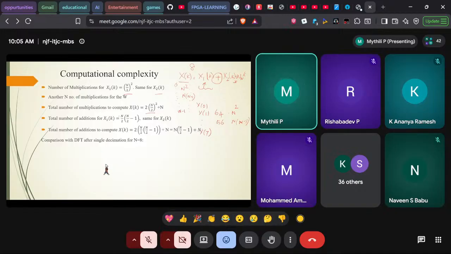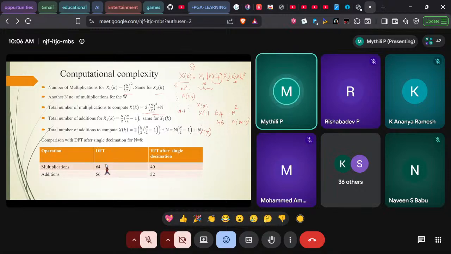So we take this expression, replace n with 8, okay, 4 square, 2 into 4 square plus 8. The number is 40. Okay, this goes to 40. And if you evaluate the additions, you will get 32.